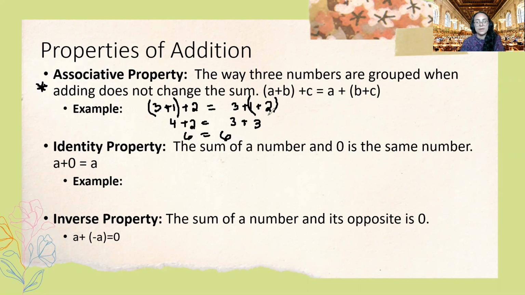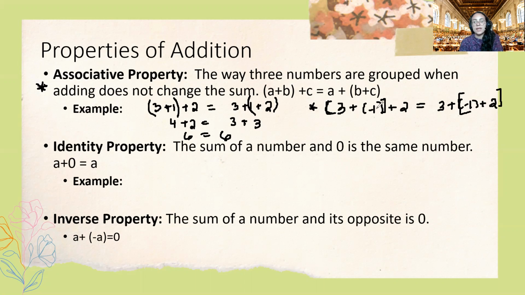Well, we are working with negative numbers, but say, for example, we have 3 plus negative 1 plus 2. So I would encourage you to do this, to group these, and then group these on the side.